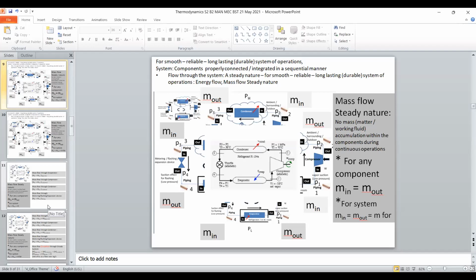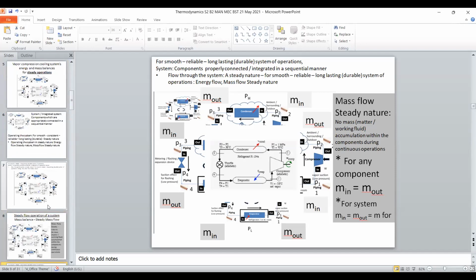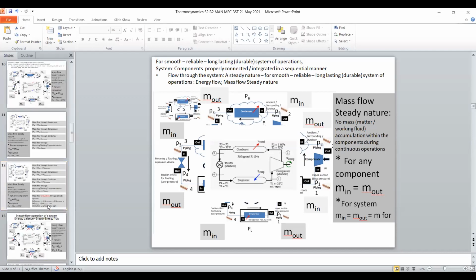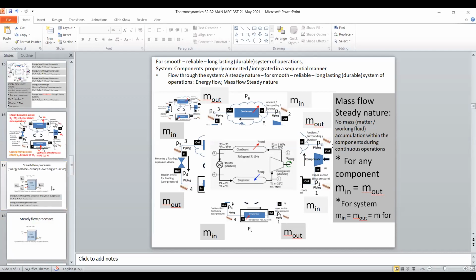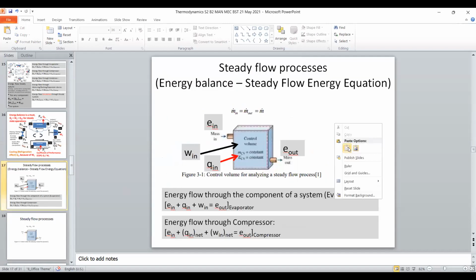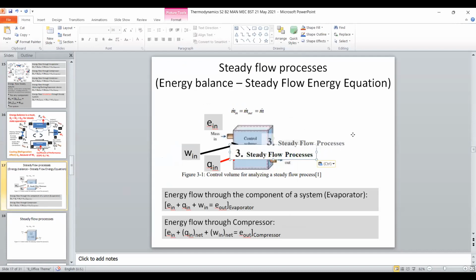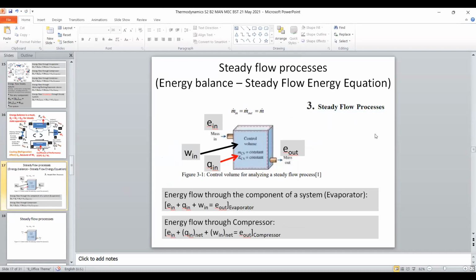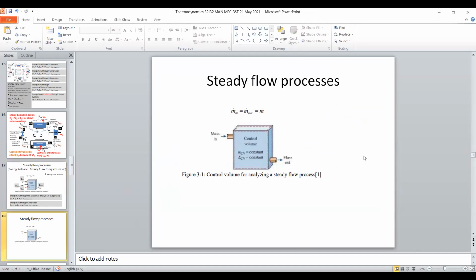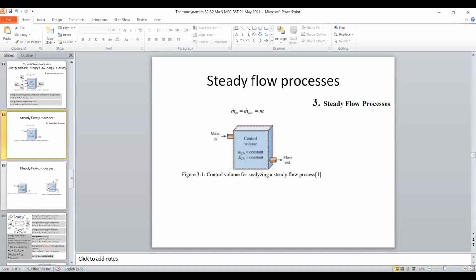Okay, good. You have to read your notes. Okay, very important. Then you have a better understanding. So we are connecting these steady flow processes with our application.